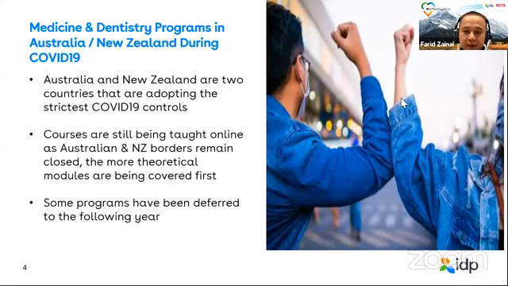As they tend to control this virus better, the chances of the country opening up its borders is definitely much higher, right? So this is the current situation. Do refer to your assigned counselors with regards to updates on this situation.